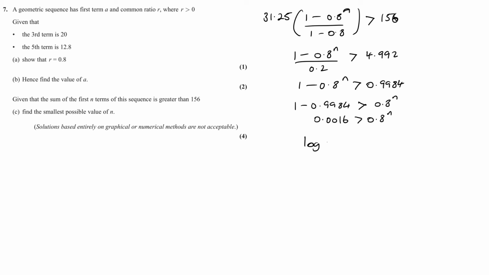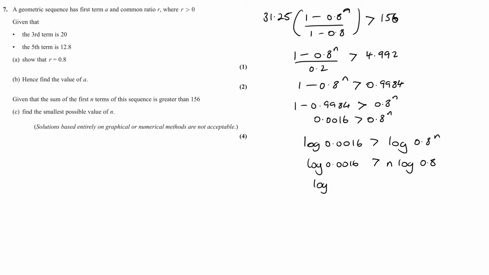Now what I'm going to do is take logs, logs both sides. It doesn't matter which base you take. Then bring my n down. Now, log of a number between 1 and 0 will give me a negative value. So if I'm dividing by this, it's going to be divided by a negative number, so my sign will flip.